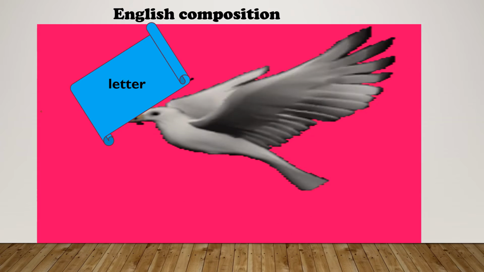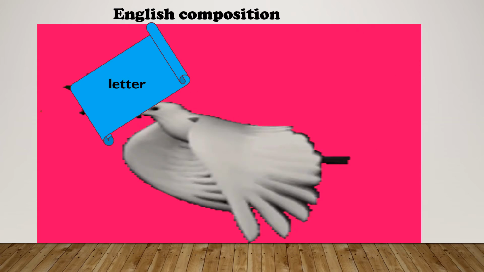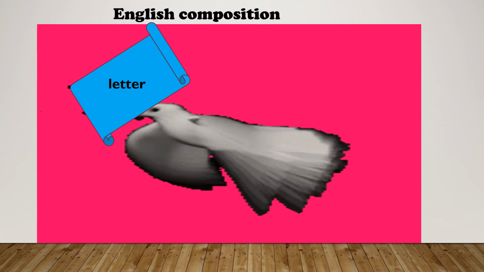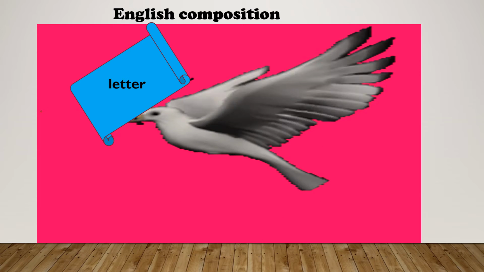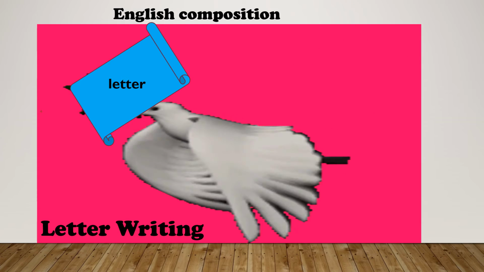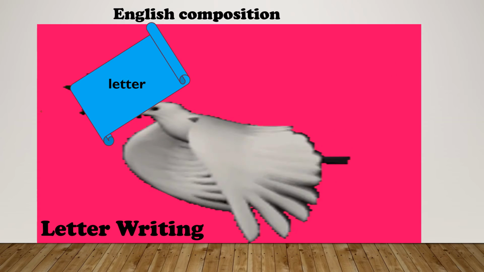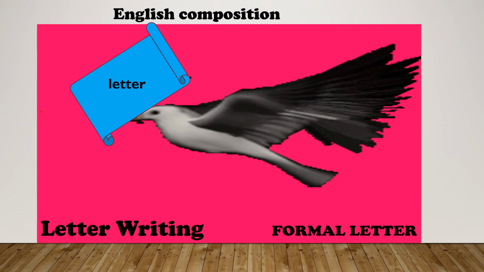This was in very old or ancient times when letters were sent from one place to another. So the topic for today is letter writing, and today we're going to learn about the formal letter.